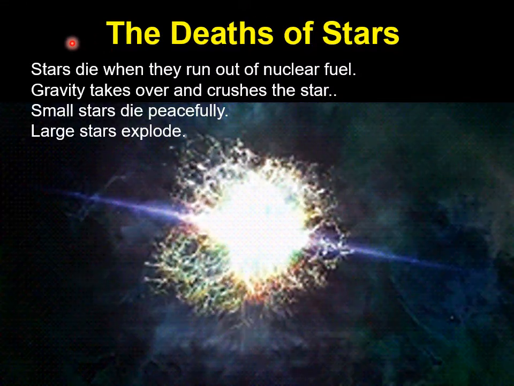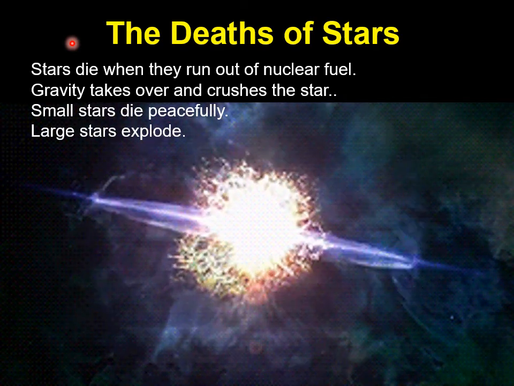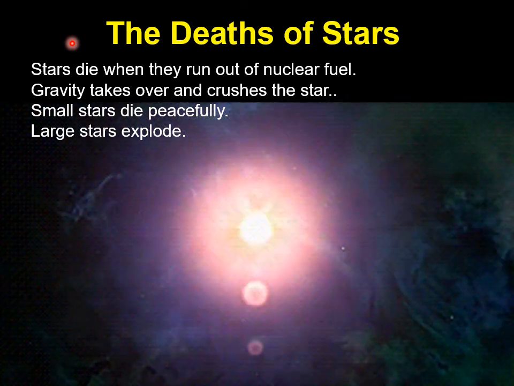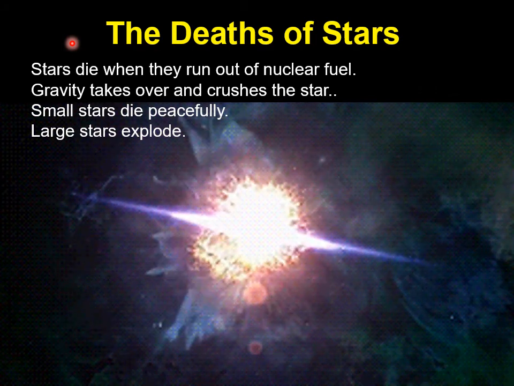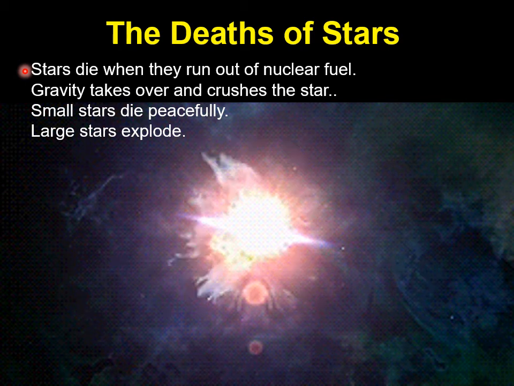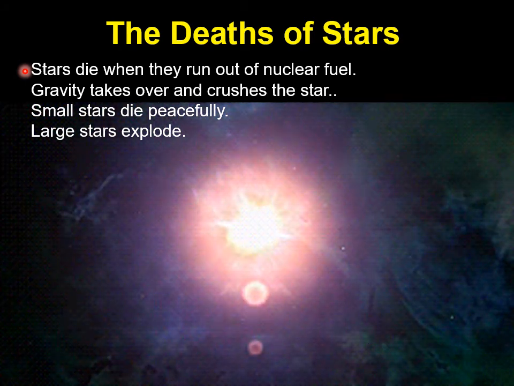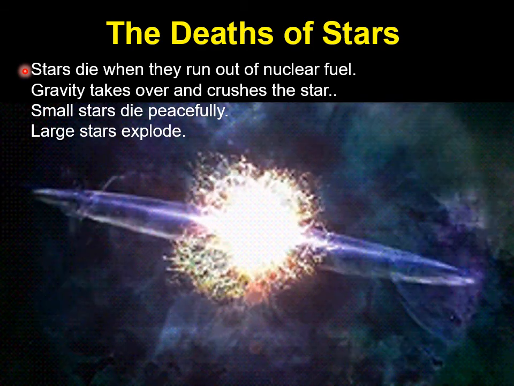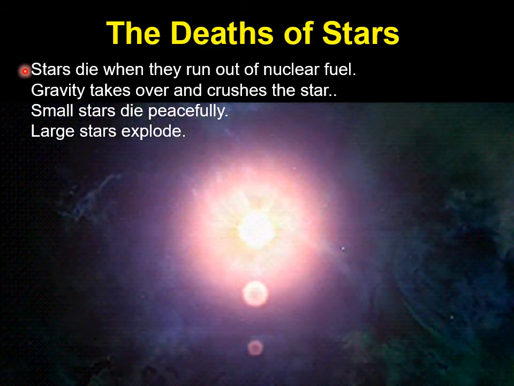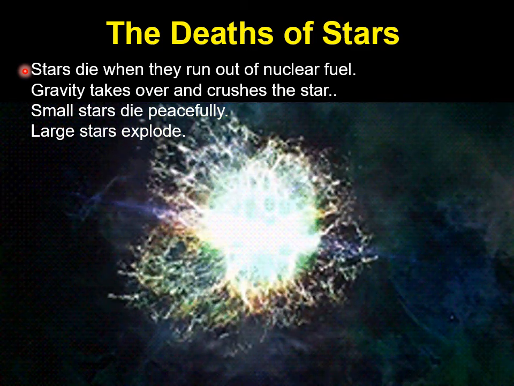So now that we have an idea of how stars are formed and born, let's take a look at how stars die. And this is very interesting. First of all, what makes a star die? Why can't it live forever? Well, the reason is that stars basically run out of nuclear fuel. You can think of a star, again, kind of like an automobile with a gas tank. As soon as the gas tank runs out, the car doesn't work anymore. Stars are in a way like that.